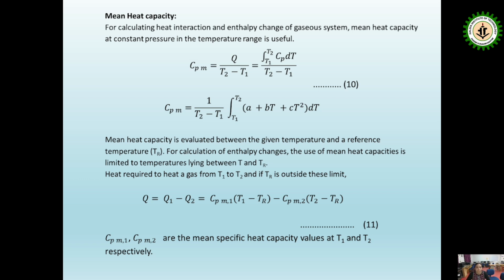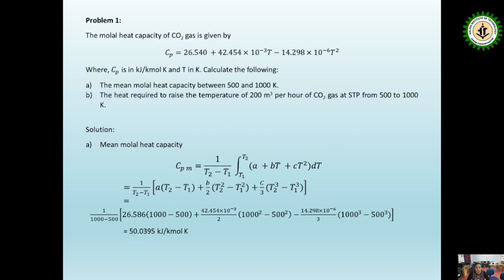So this equation can be rewritten as CPM1 into T1 minus TR minus CPM2 into T2 minus TR. CPM1 and CPM2 are the mean heat capacity values at given temperature T1 and T2 respectively.